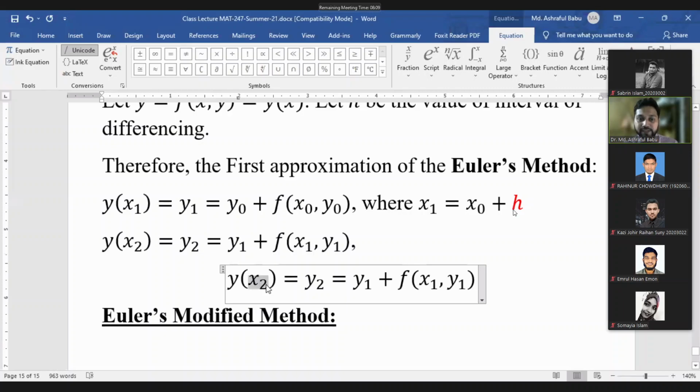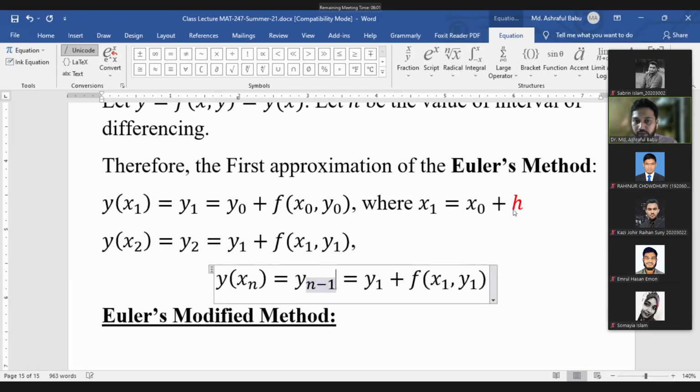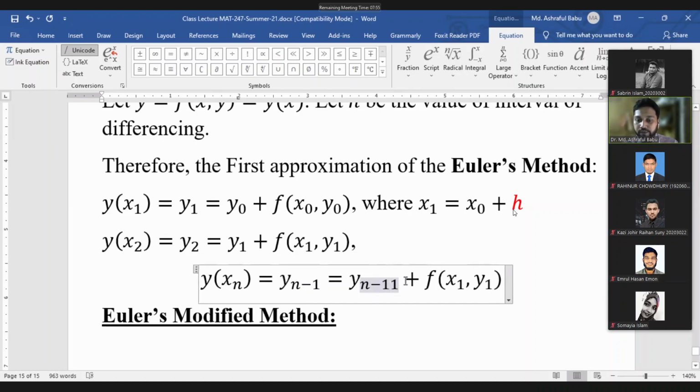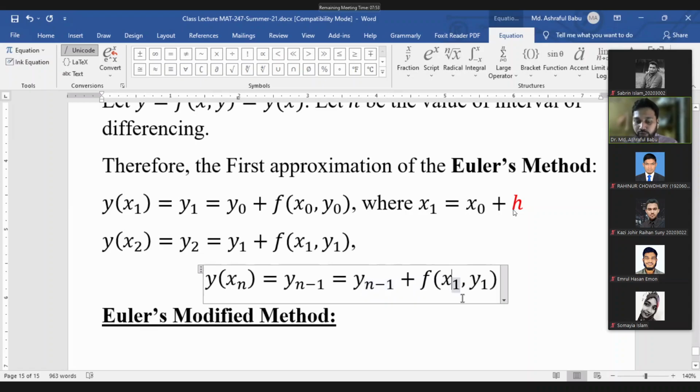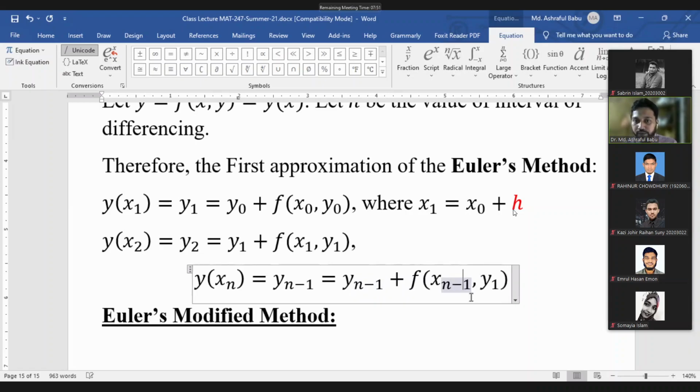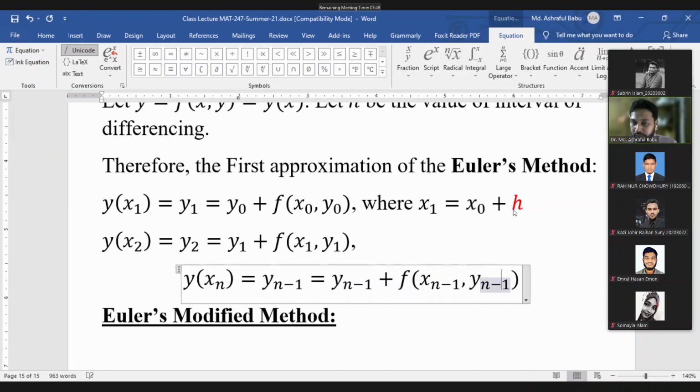So that will be xn, yn minus 1, also n minus 1, also n minus 1. It will be also n minus 1. So these are the successive processes.